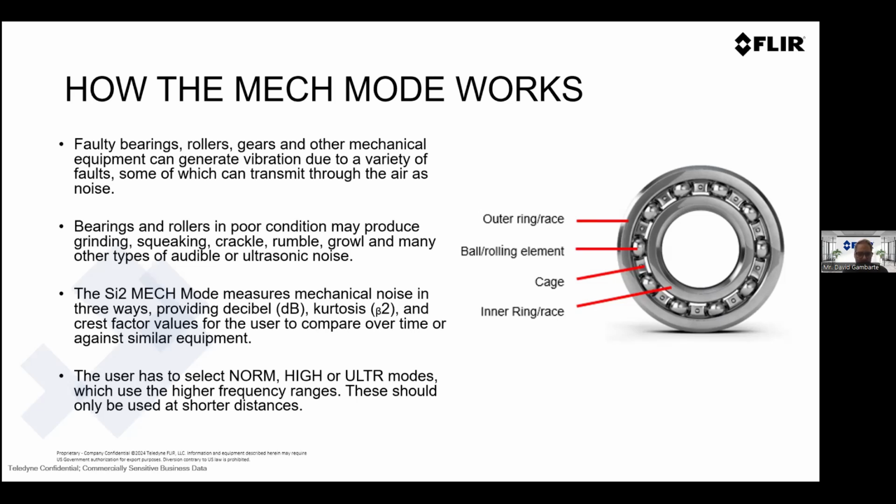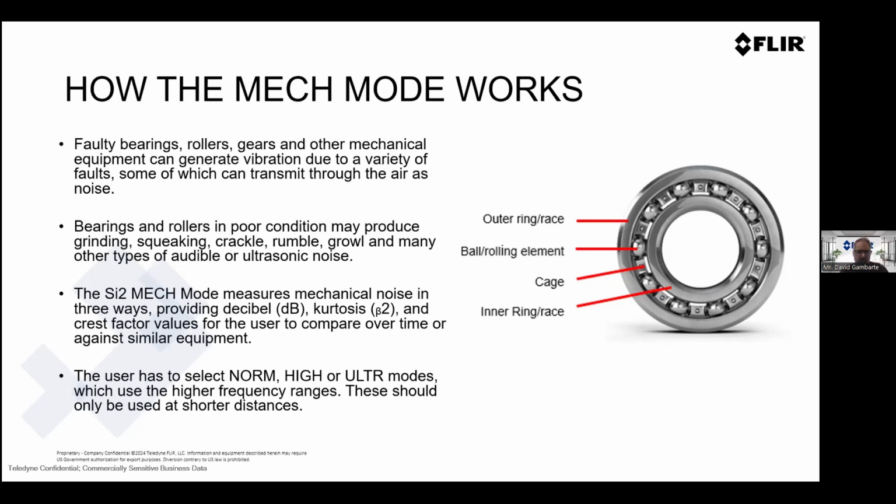Si2 Make Mode measures mechanical noise in three ways. So we give you insights in three different ways, providing the decibels, so the sound pressure level. We provide you with kurtosis and the crest factors. And those in combinations and compared over time can actually give you information about the state of your components or your equipment.